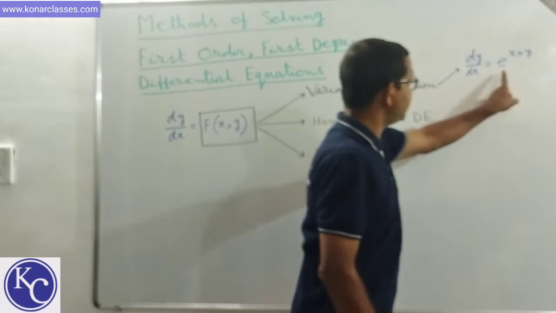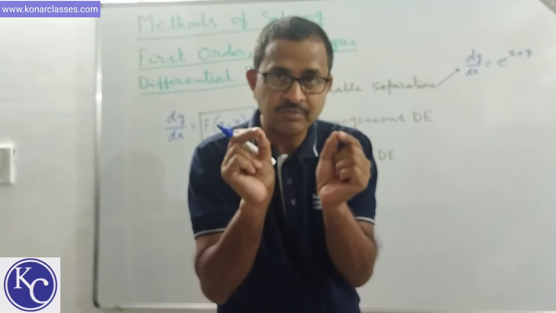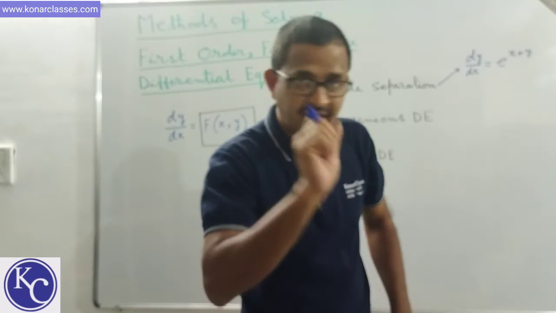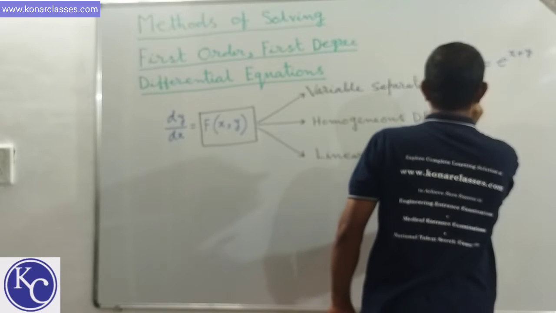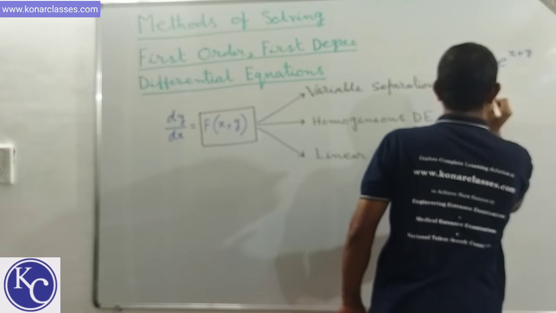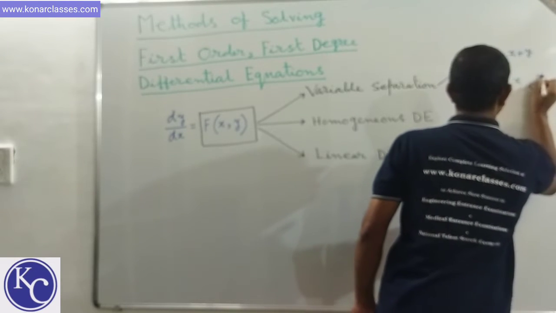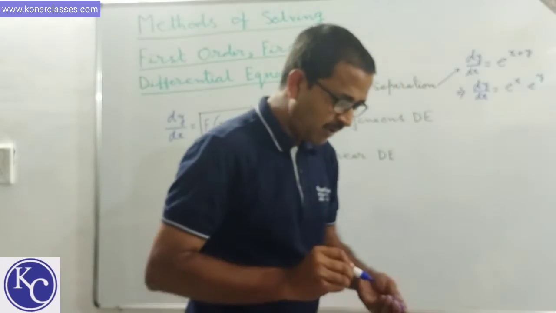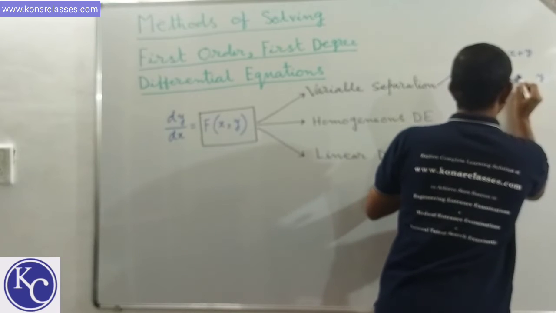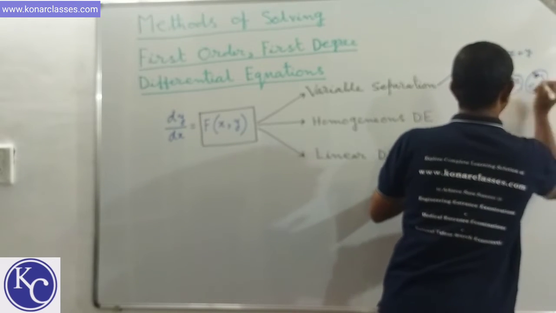But can we express this function as a product of two functions, one a function of x and one of y? We can. We can write dy/dx is equal to e power x into e power y. E power x is a function of x, and e power y is a function of y.